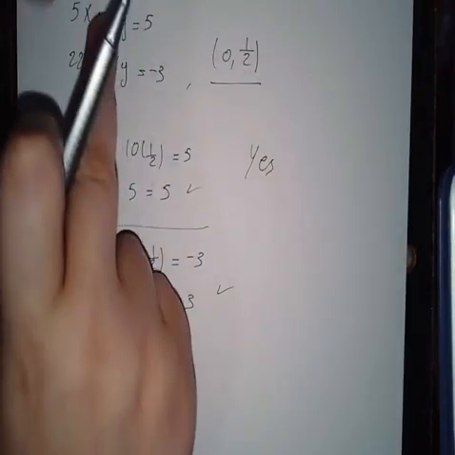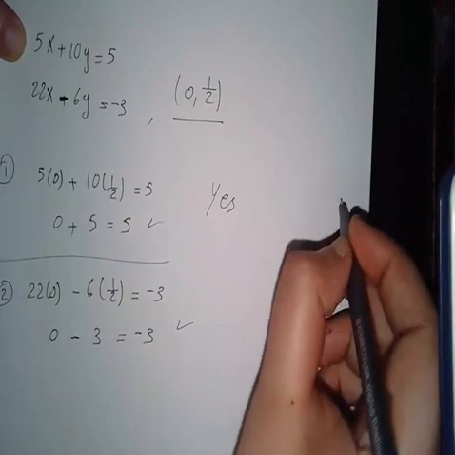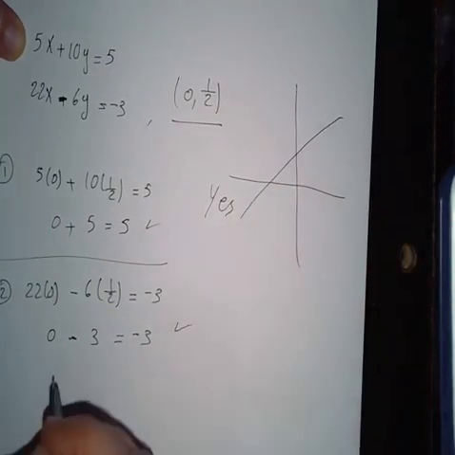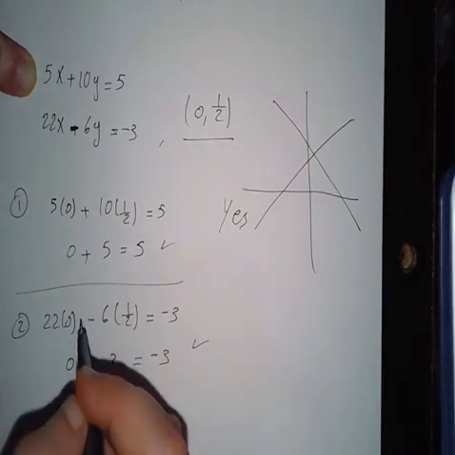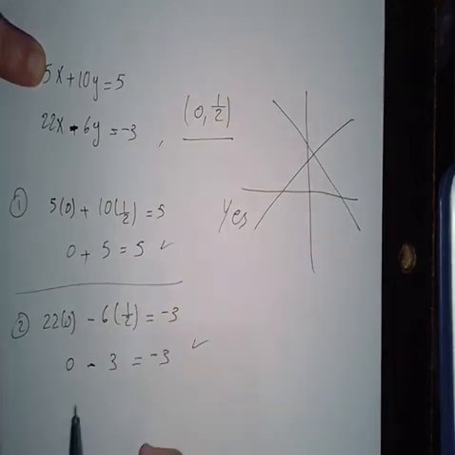So, if I wanted to graph this line right here, hypothetically, let's say it's this one. This is the first one, and this is the second one. So, line number 1, here it is. Line number 2, here it is.